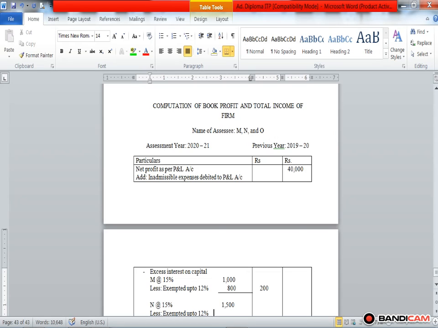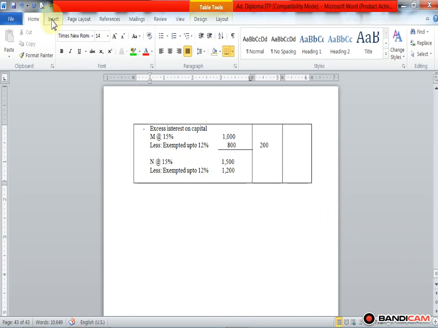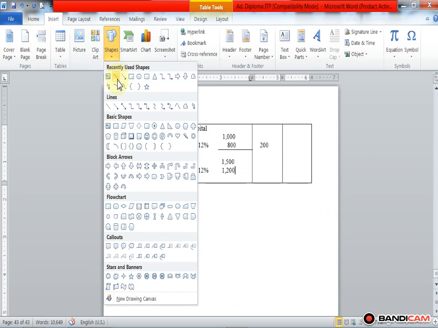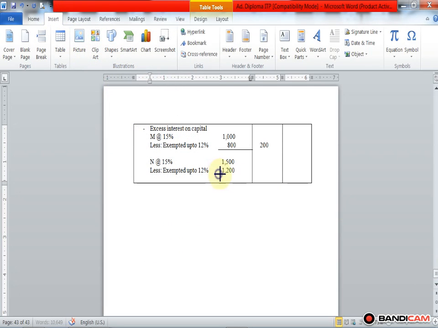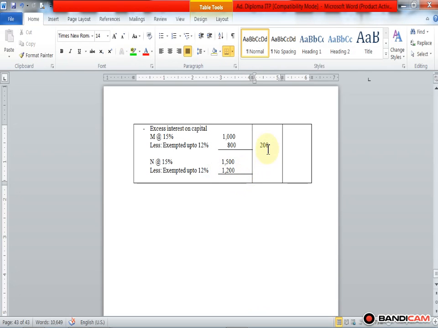So the amount is 1,500 into 12 divided by 15, which is equal to 1,200 exempted, so the taxable amount is 300.